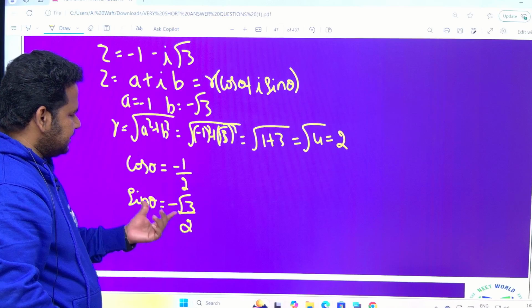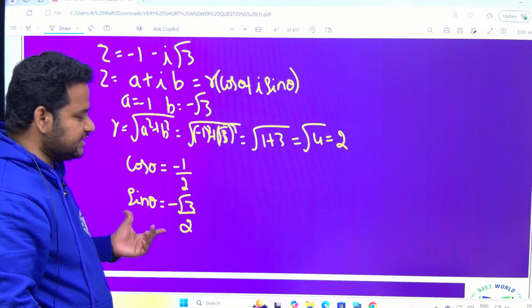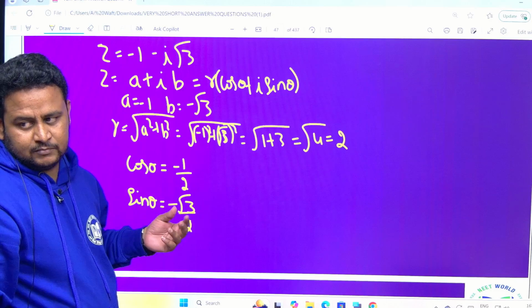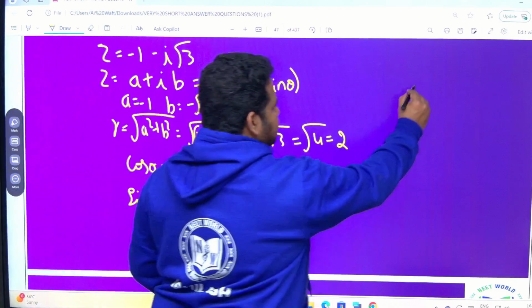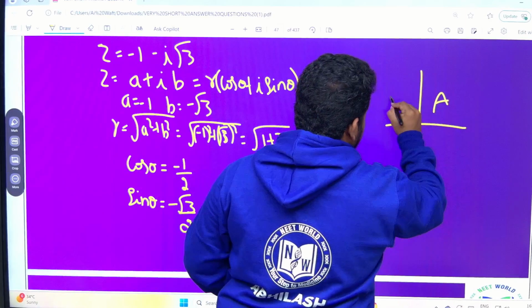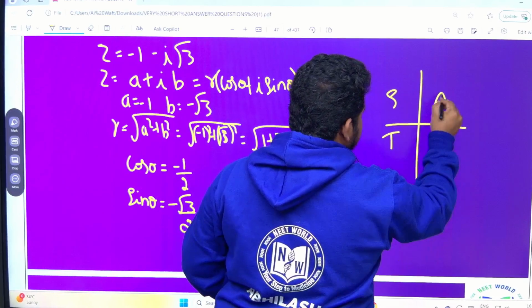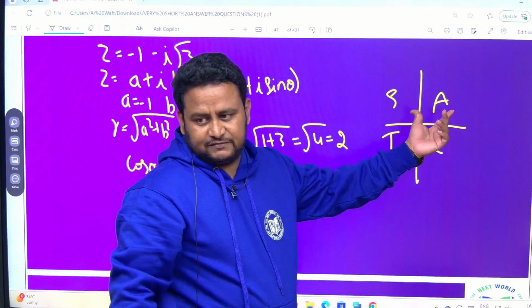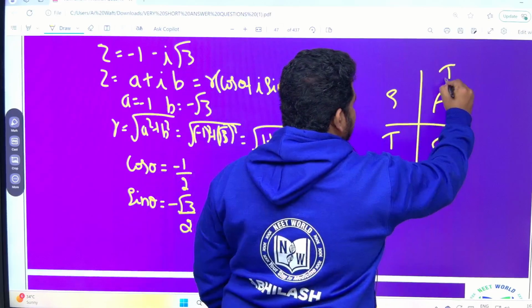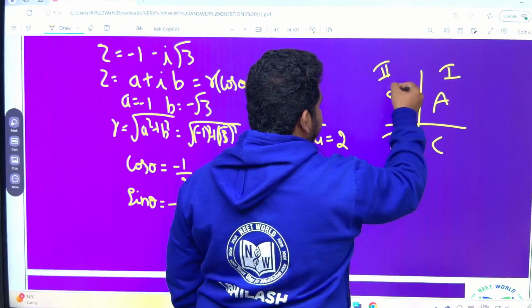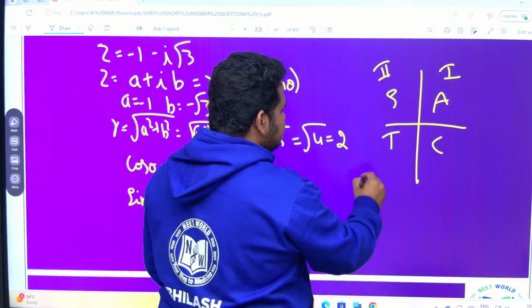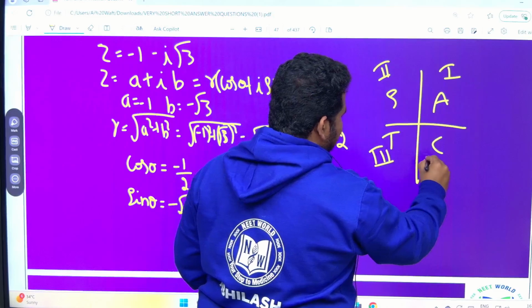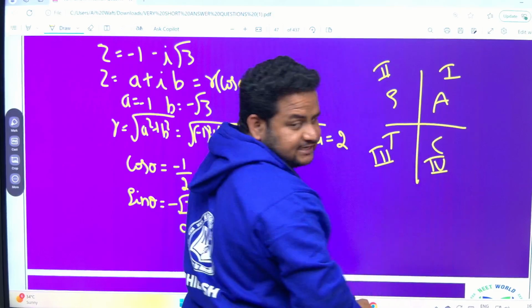Cos theta and sin theta will be negative only in the third quadrant, because we know the ASTC rule, right? ASTC means what? All the trigonometric ratios will be positive in the first quadrant. Only sine and its inverse cosec will be positive in the second quadrant. In the third quadrant, tan and cot, and in the fourth quadrant, cos and secant are positive.